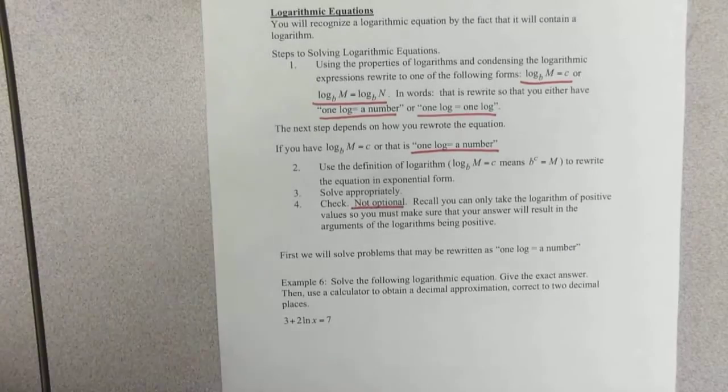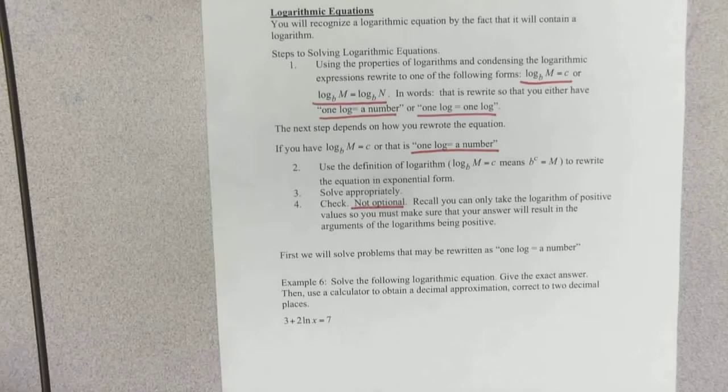Recall, you can only take the logarithm of positive values, so you must make sure that your answer will result in the arguments of the logarithms being positive. If you do your work correctly, the answer should be correct as long as you check for extraneous roots.